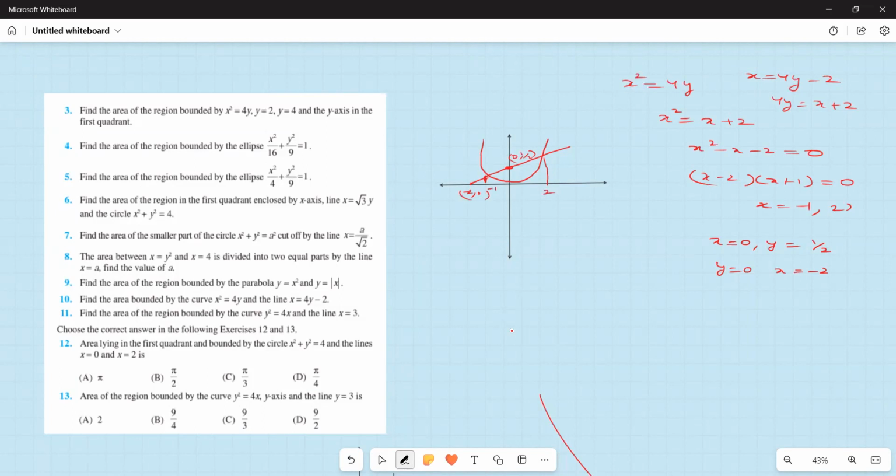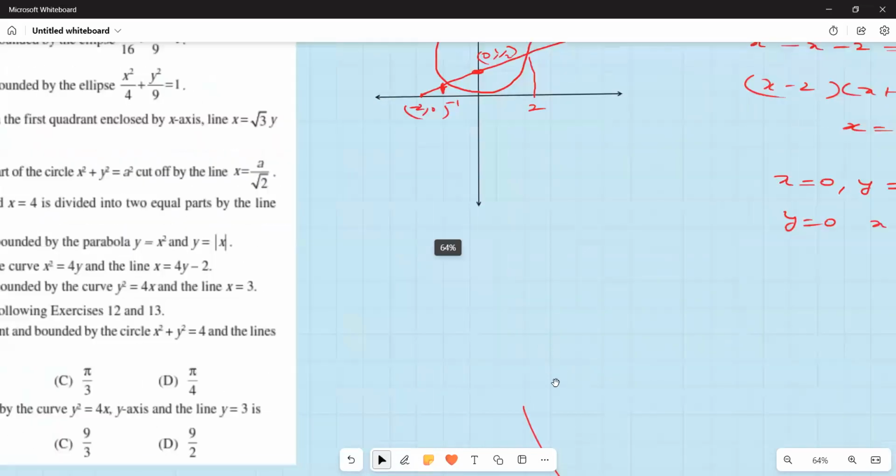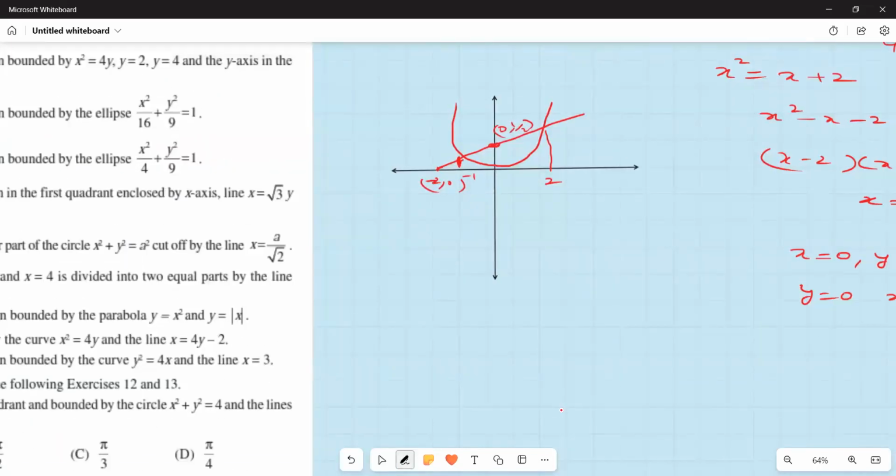So you need to find the area bounded by this. Means if you zoom it, we need to find this area, which is first, the area under this line. Then if you subtract this area under the curve, you will get this inside area.